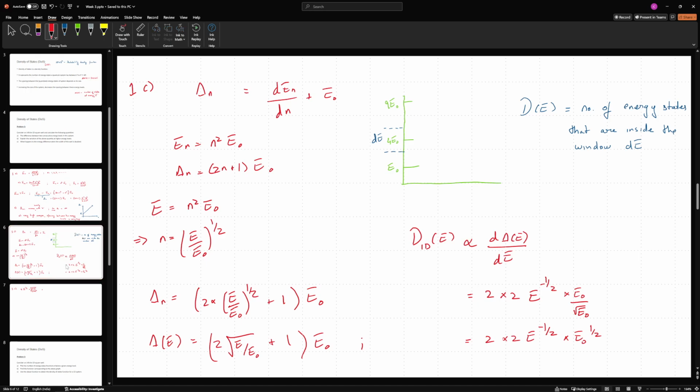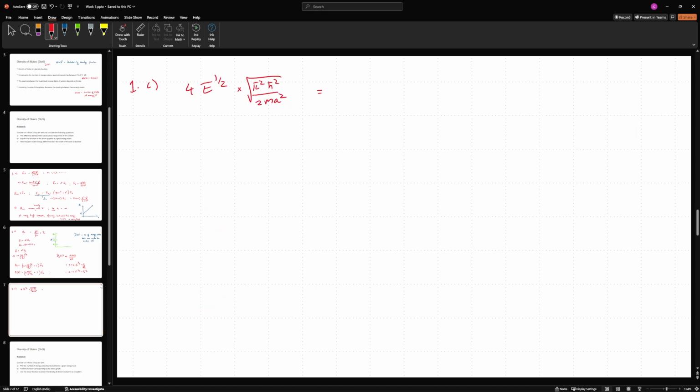There is one more factor that I will bring in. Only root 2m will stay inside here, and this is E to the power minus half.